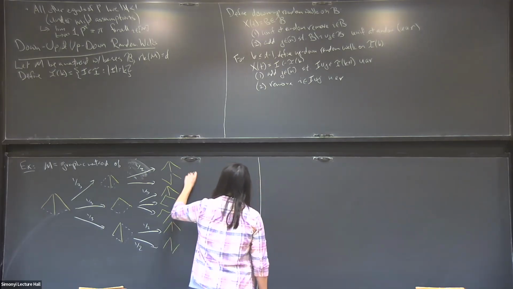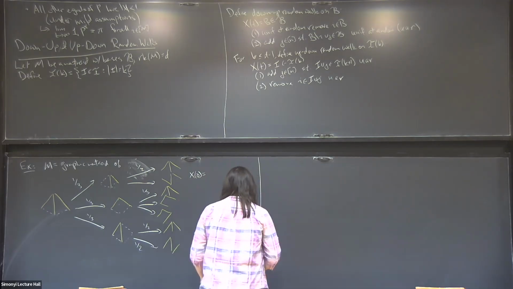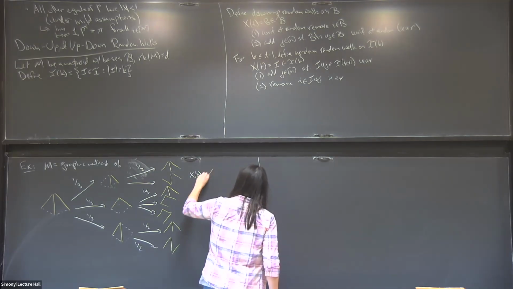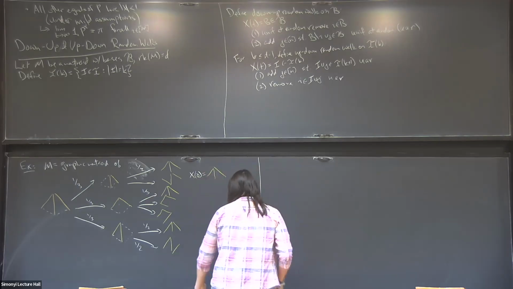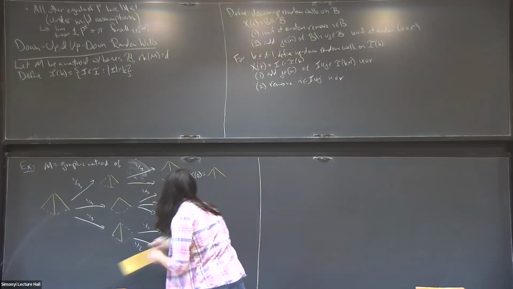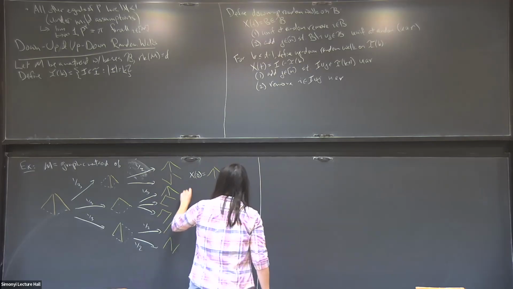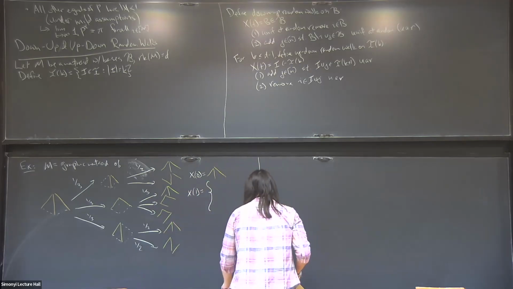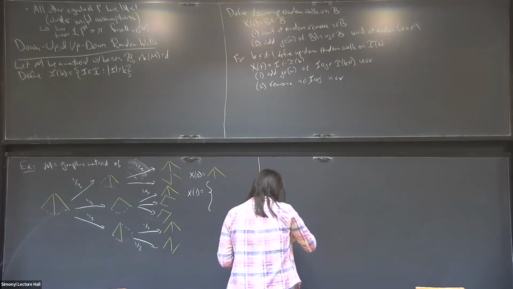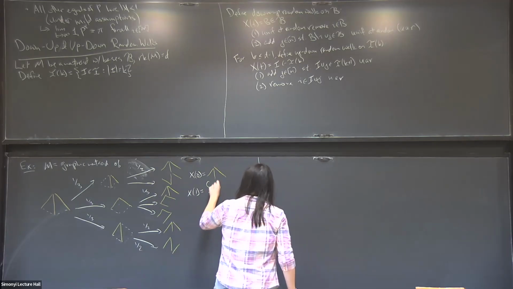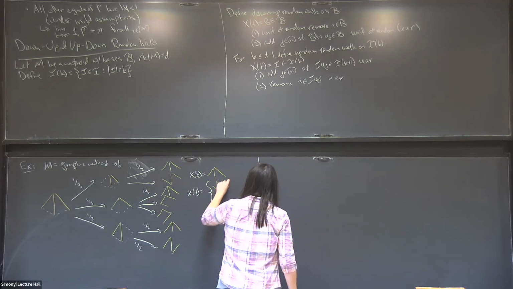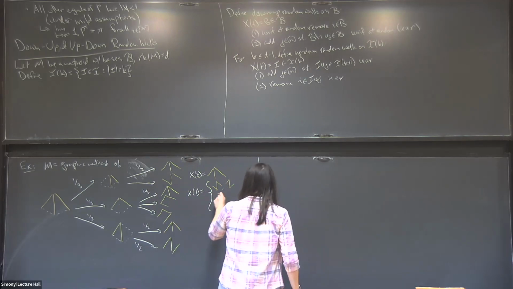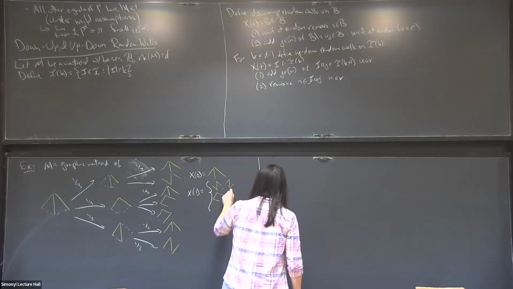So if x of 0 equals this graph, then x of 1 might be one of the zigzags. It could be one of these half rectangles.